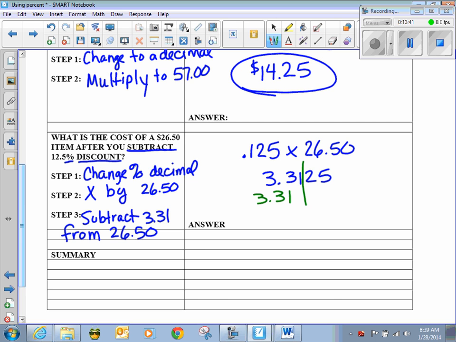So I can't just write that 26.50 underneath there. You got to start with 26.50, subtract 3.31. So 26.50 minus 3.31 is 23.19. And that would be our answer.